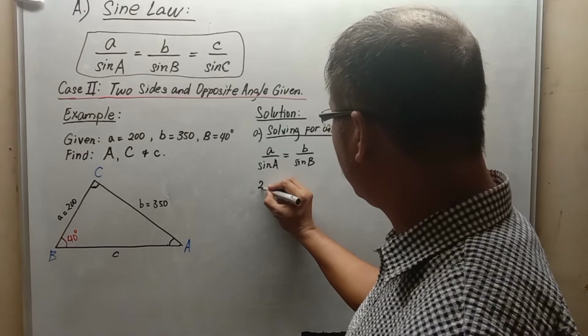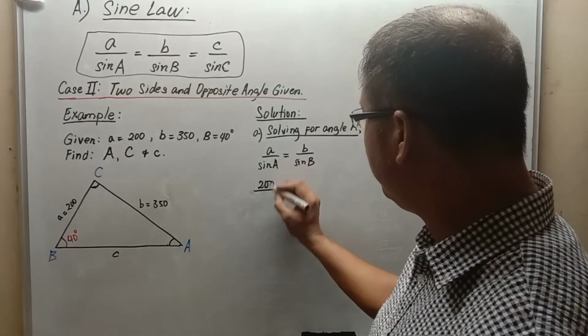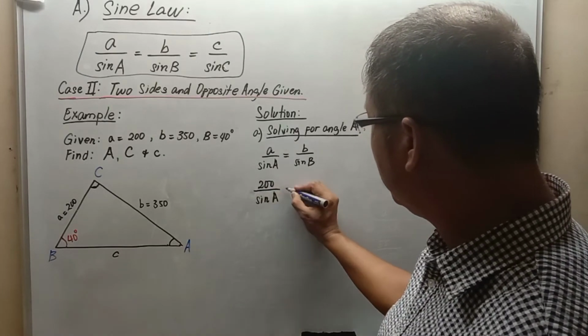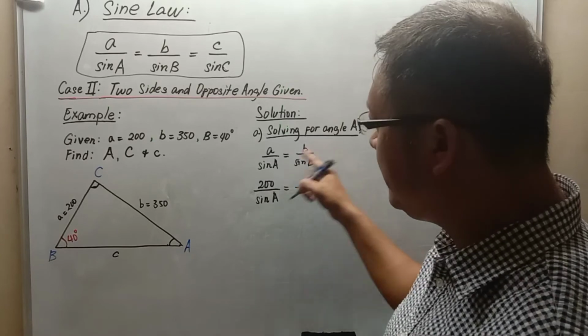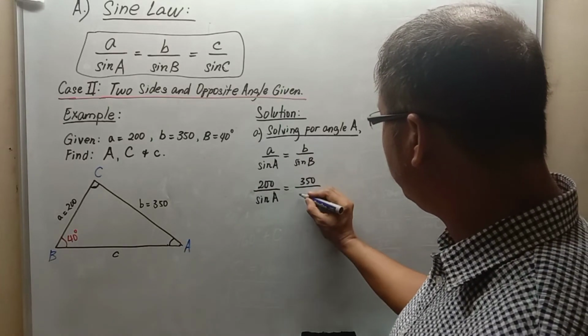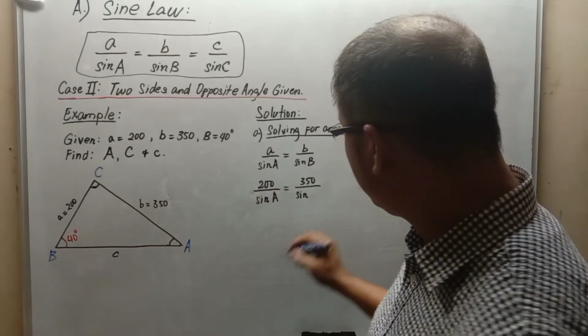So, how much is A? 200. Okay guys, I hope you followed. 200 over sine A is equal to how much is B? 350, over sine, how much is angle B? 40 degrees.